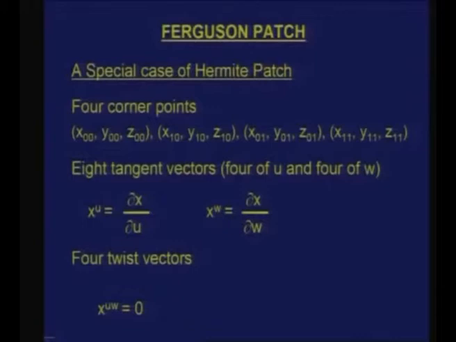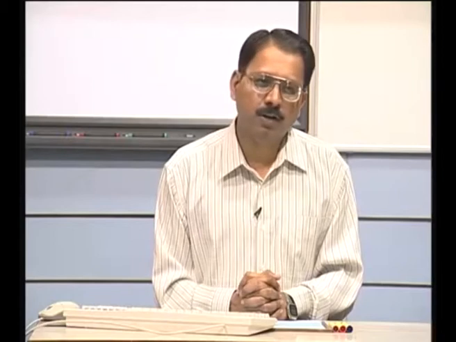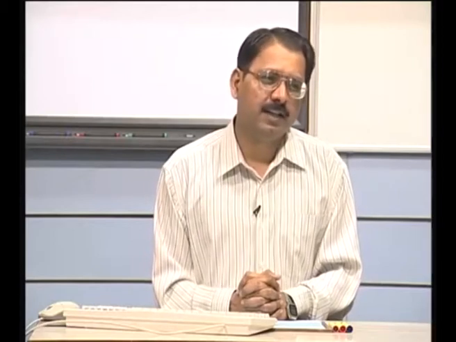This was first proposed by a person by the name Ferguson. The Ferguson patch can be very easily understood if we know the geometric form of the bicubic Hermite patch. We have already discussed that. The inputs we give in a bicubic Hermite patch are four corner points, tangent vectors with respect to u and w, and also twist vectors, which are second derivatives.